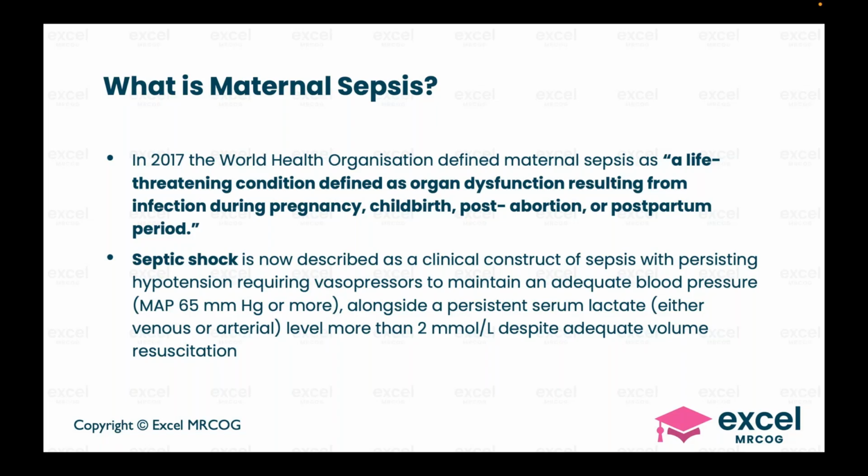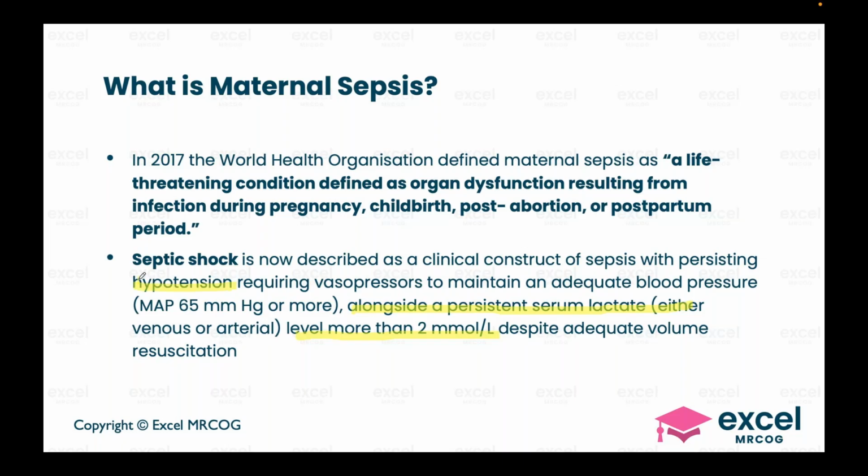While septic shock is the persistent hypotension requiring vasopressors to maintain an adequate blood pressure, alongside a persistent serum lactate level of more than 2 millimole per liter, despite adequate volume resuscitation. So you are trying to resuscitate the woman, but her lactate levels are high and she has hypotension, that is septic shock.